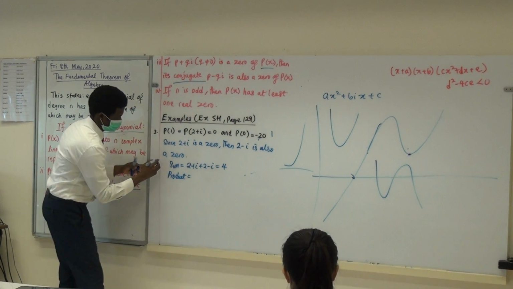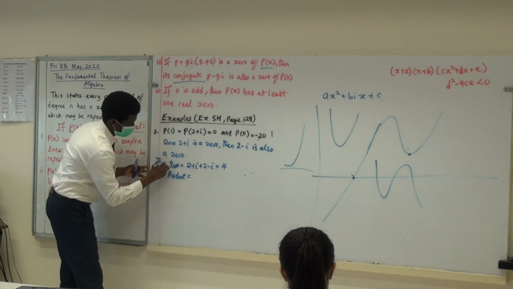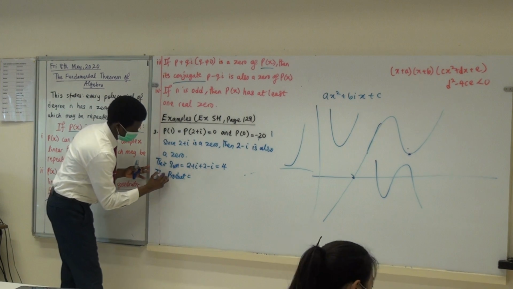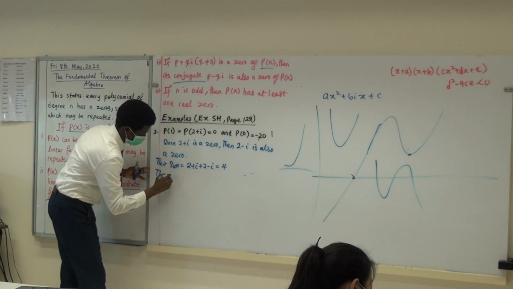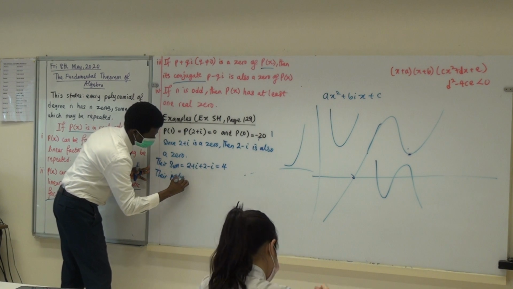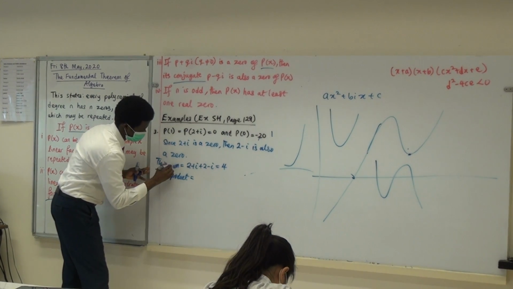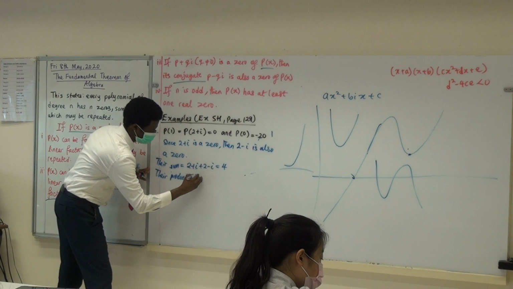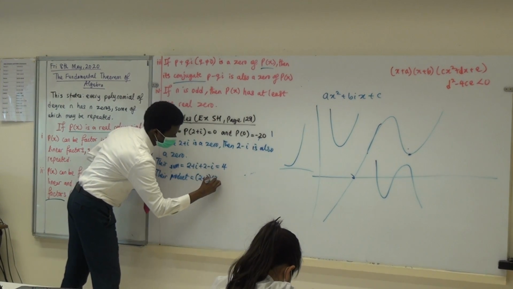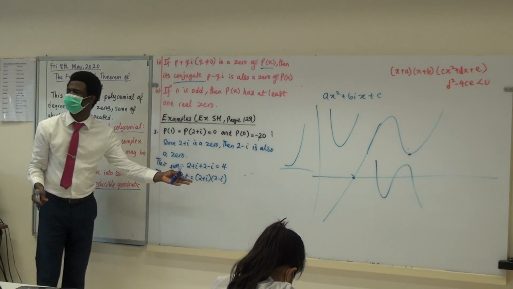Their product. Let me say their sum, so we know that we are referring to the roots, the zeros, sorry, the product. Okay? Their product will be 2 plus i times 2 minus i, and we use what?